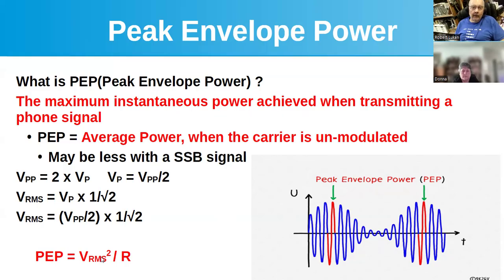If you square it and divide it by the resistance, we get the peak envelope power, because remember we said power was equal to E squared over R. So our E squared is the RMS voltage squared, or the average value of the peak of the waveform.